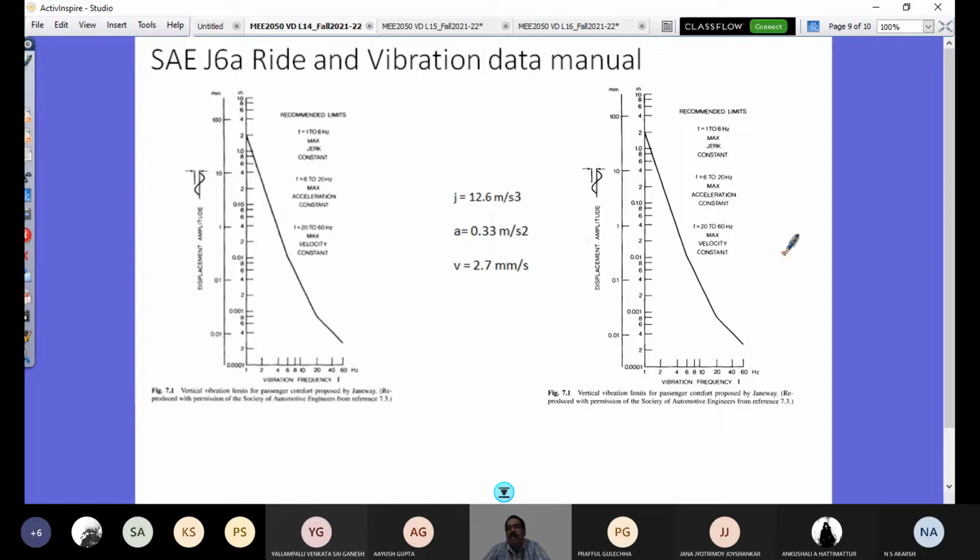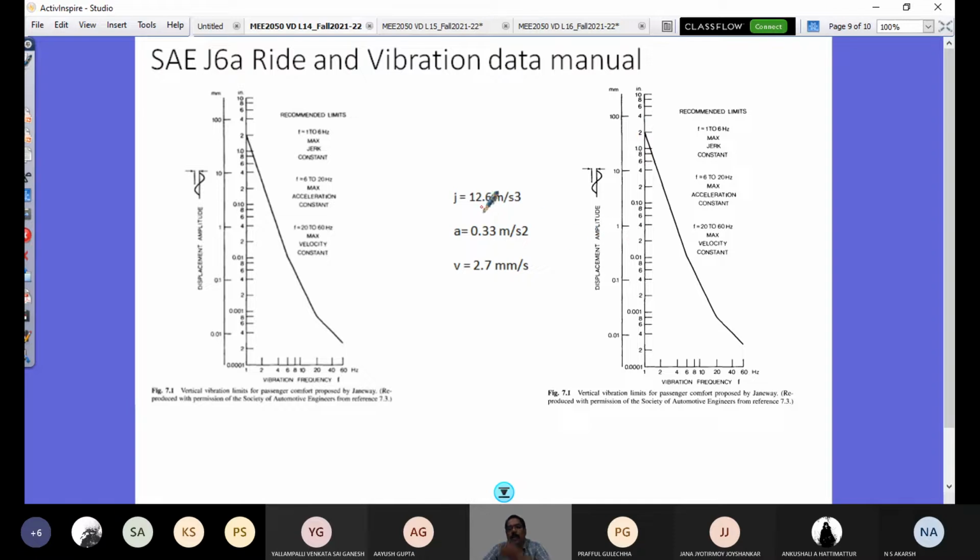I have put the same diagram here because of the clarity. You may also go through this in the textbook, Theory of Ground Vehicles by Wong, and why these values are constant in these ranges, and that helps you calculate the displacement amplitude.